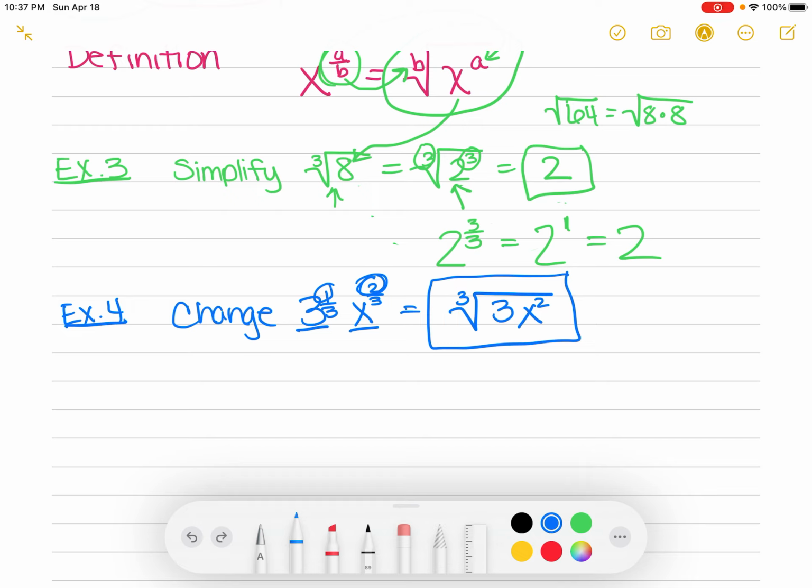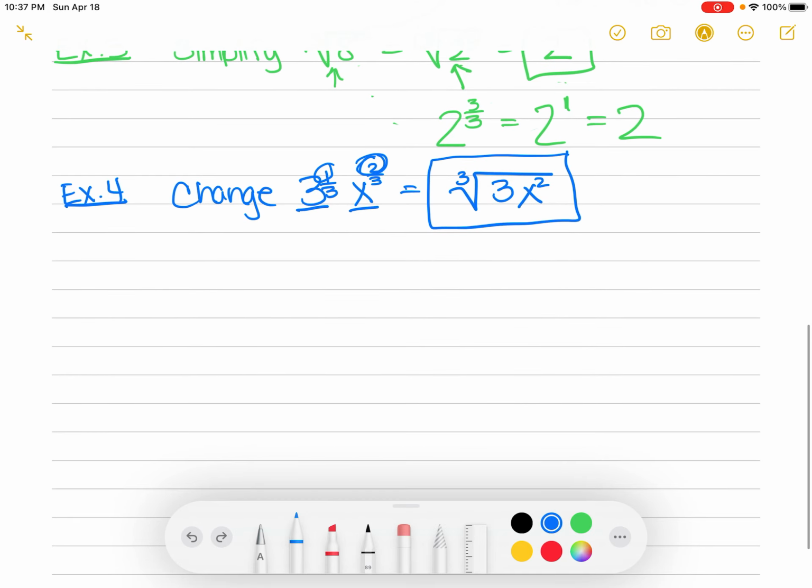Okay, so let's do another one, but the opposite way. Let's do it kind of the other way, where I give you the square root, and you're going to move it over into numbers with fractions. Okay, so example 5, but first, let me erase this real quick, because I want you to know when it's asking you for things in your homework that you know what it's talking about.